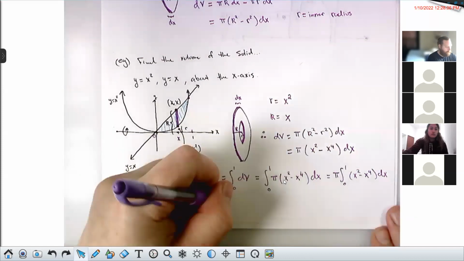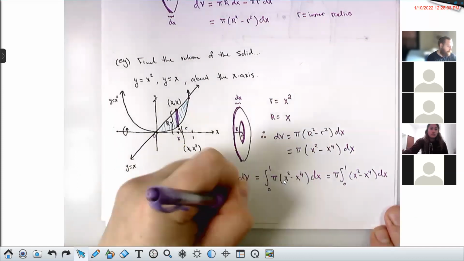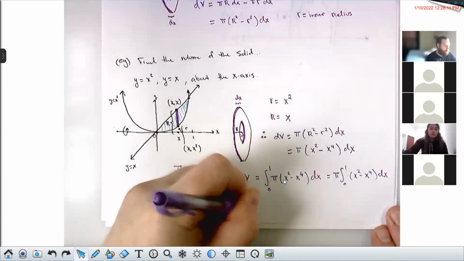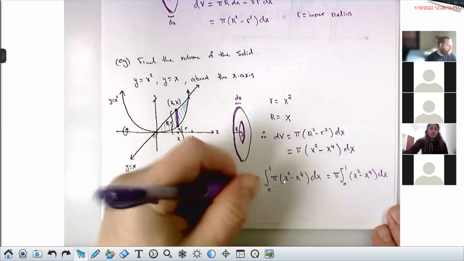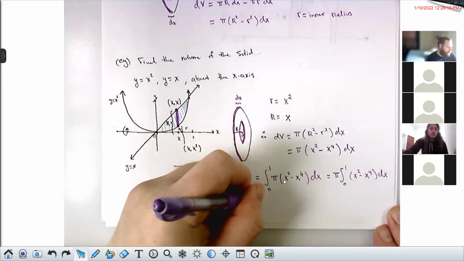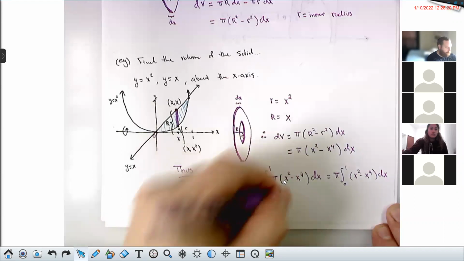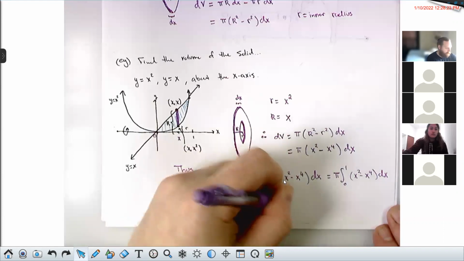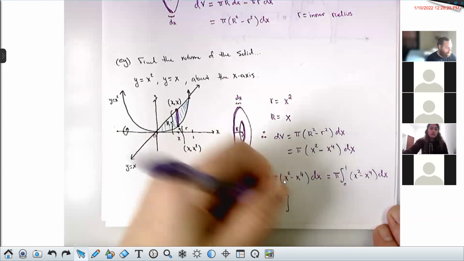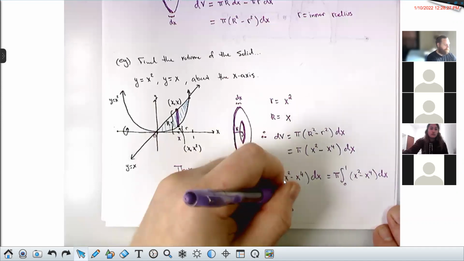Continuing that down here, that is pi times, now this antiderivative is just a power rule thing, right? X squared integrates to 1/3 x cubed, minus is this minus. X to the 4 integrates to 1/5 x to the 5. And I evaluate this from 0 to 1.